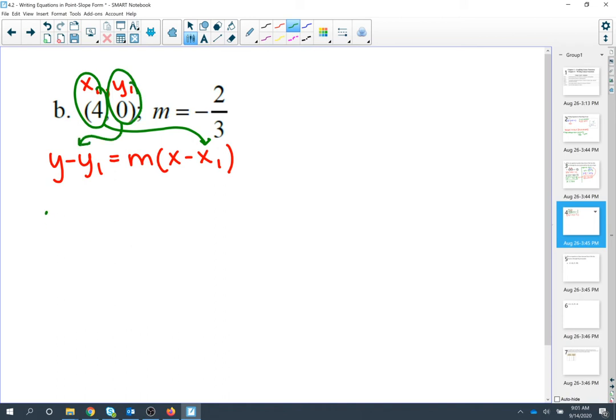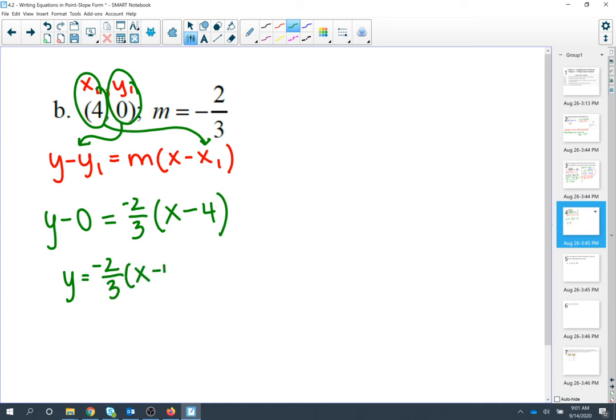So we're going to have y minus y1, which is 0, equals m, that's your negative 2/3, x minus x1, which is 4. Again, we're going to clean that up a little bit. We don't need the minus 0, so y equals negative 2/3 x minus 4.